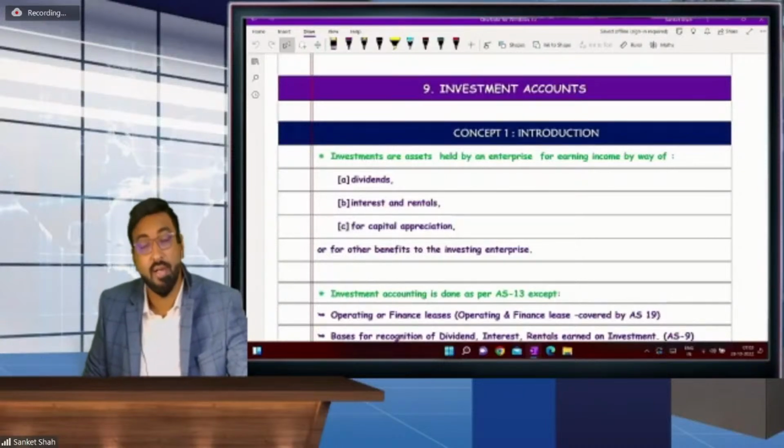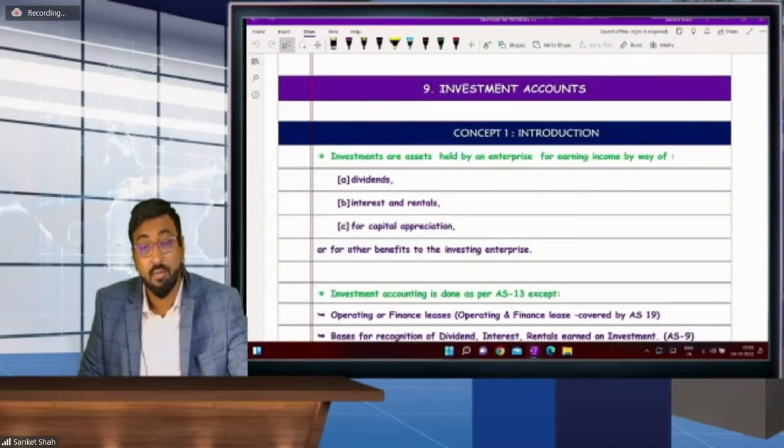The entry will be: preference share capital account debit, premium on redemption account debit, to preference shareholders. This is entry number one. Preference shareholders account debit to bank is the second entry, and P&L account debit to premium on redemption is the third entry. For issue of equity shares: bank account debit to equity share capital, to security premium. And for CRR: general reserve or P&L account debit to CRR. So these are very, very easy questions.